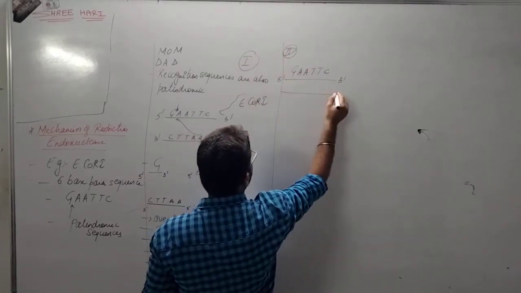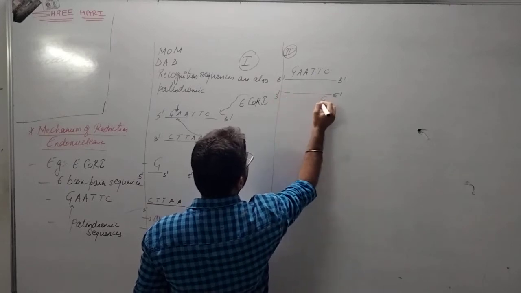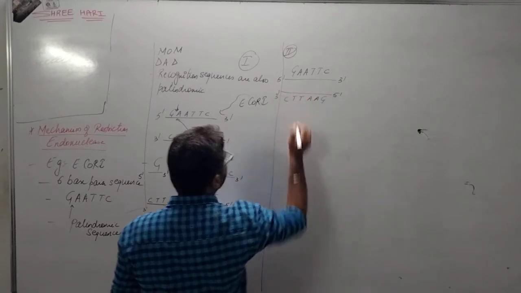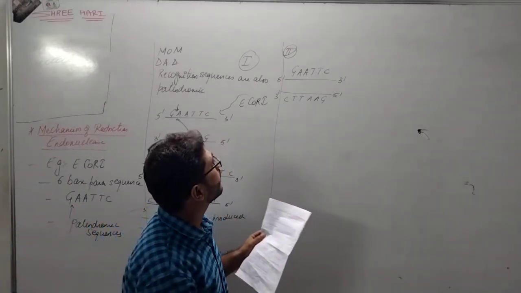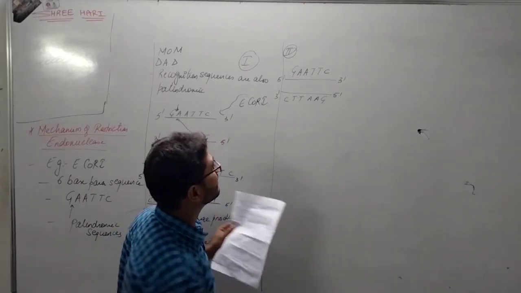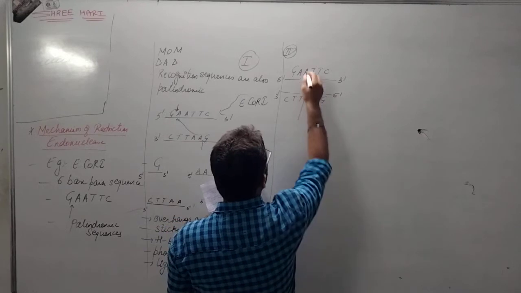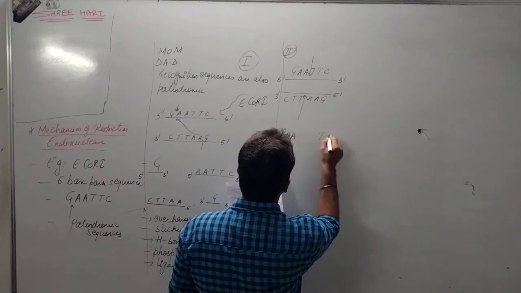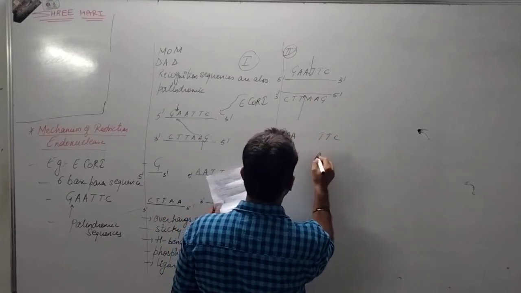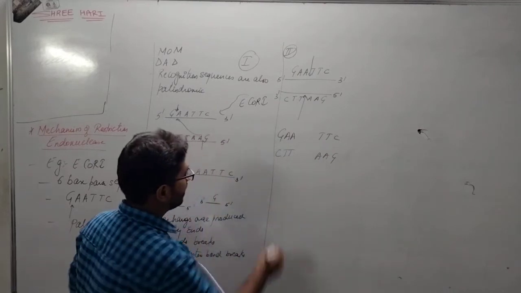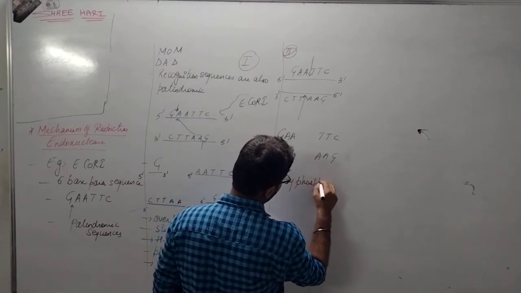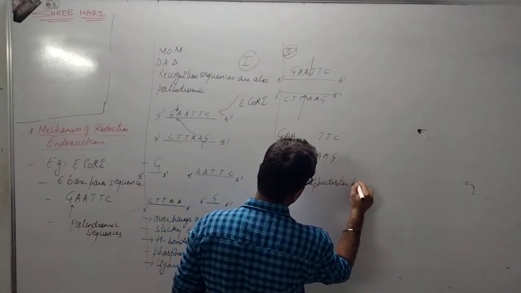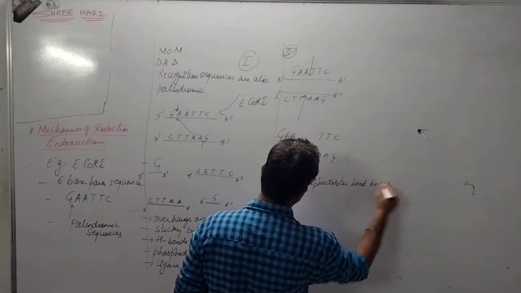The second mechanism: let us say the recognition sequence cuts exactly in the middle. Then we get GAATTC and CTTAAG, and only the phosphodiester bonds break in case number 2.